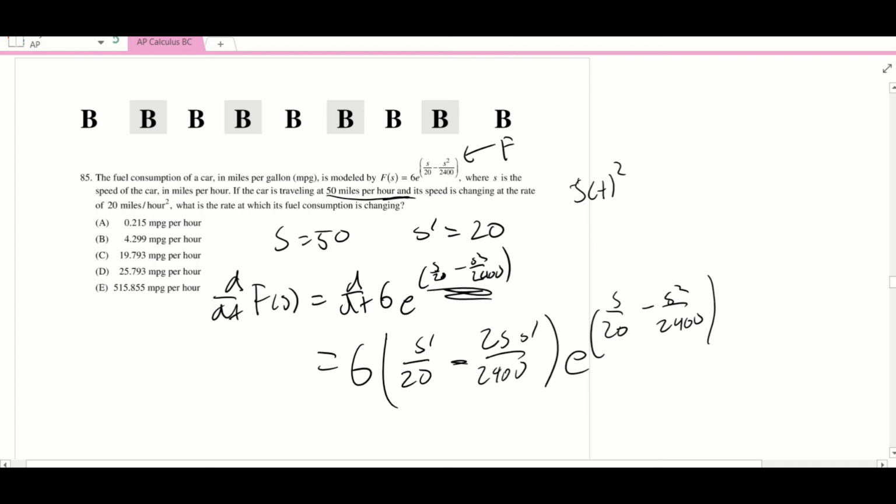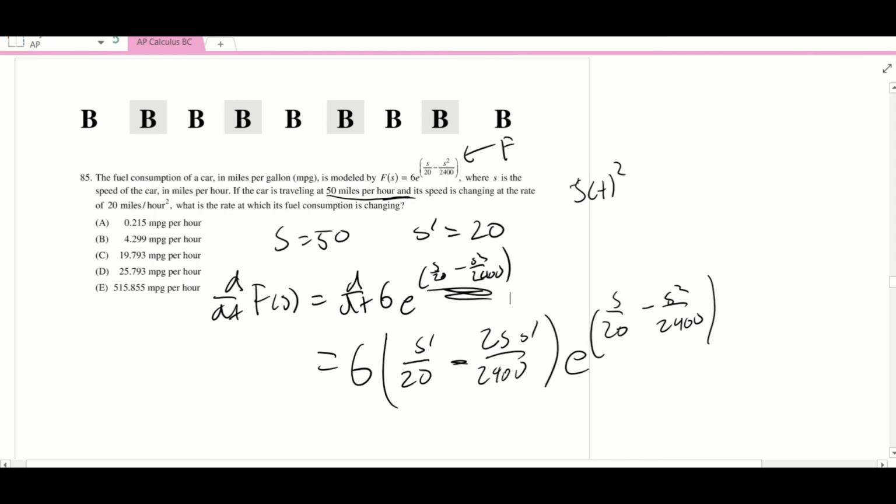So we just do 6 times s prime 20 divided by 20 minus 50 times 20 divided by 1200, times e to the power of 50 divided by 20 minus 20 times 20 divided by 2400.